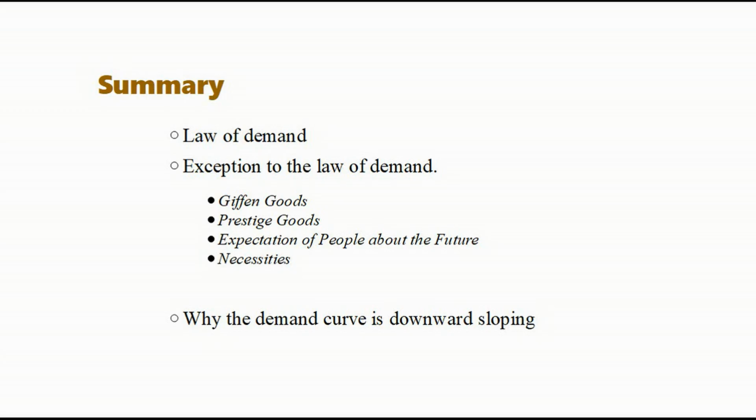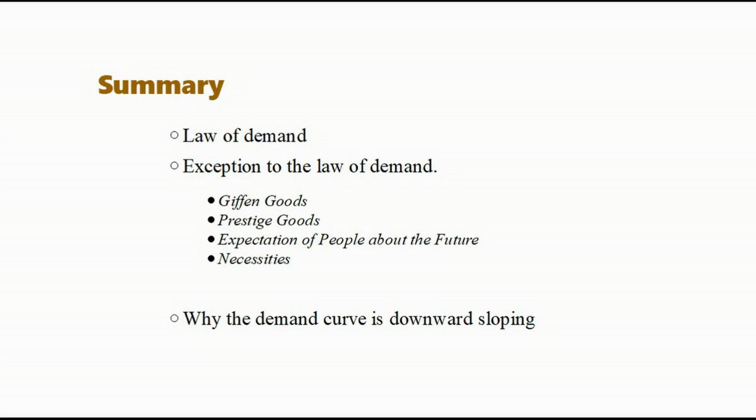The law of demand states that there is an inverse relationship and we have a negatively sloped demand curve. But in the case of exceptions, we are going to have an upward sloping demand curve, which means whenever there is an increase in the price of a commodity, there is also an increase in demand. That gives us an upward sloping demand curve.